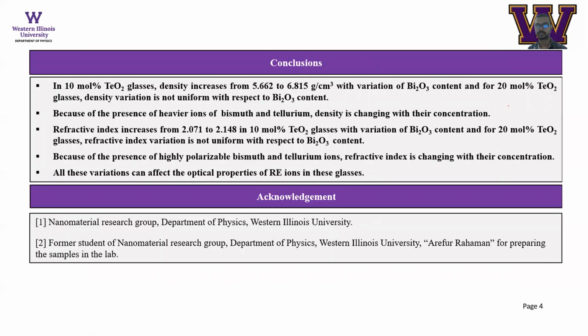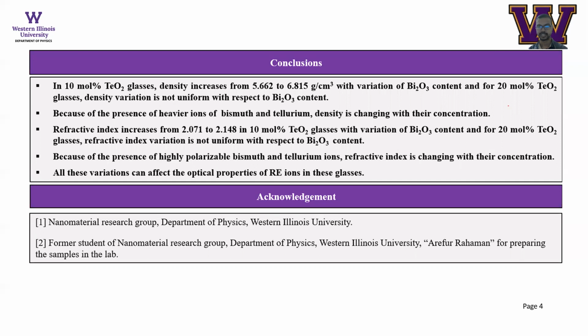So finally, we can conclude that for 10% tellurium glasses, density increases from 5.662 to 6.815 gram per cubic centimeter with the variation of bismuth content, and for 20% glasses, density variation is not uniform. The reason behind this is the presence of heavier ions of bismuth and tellurium.